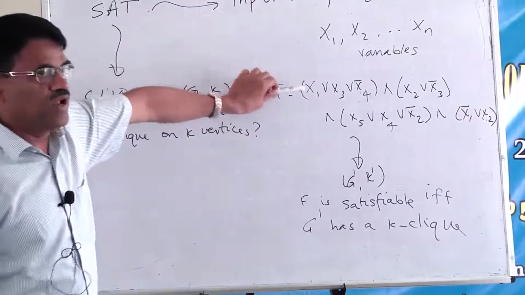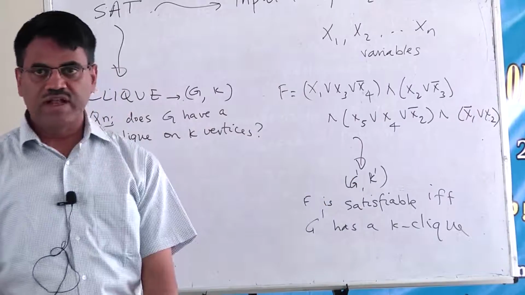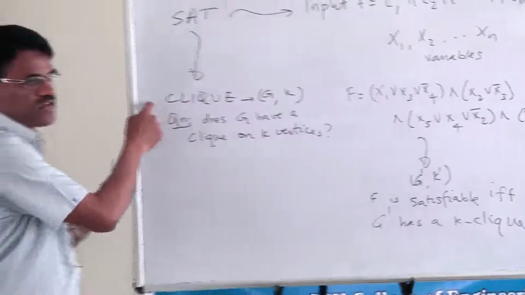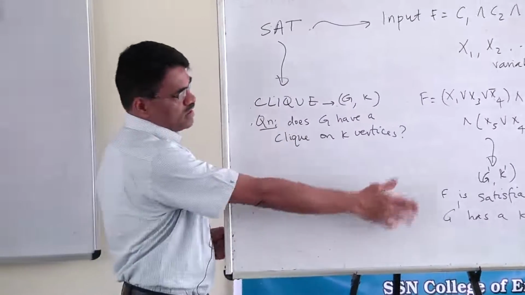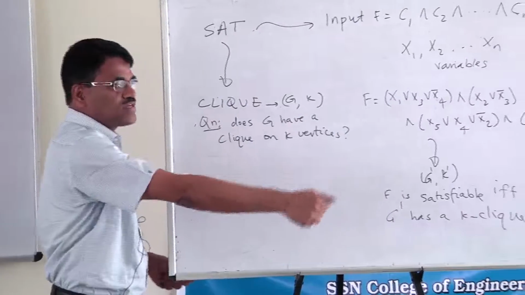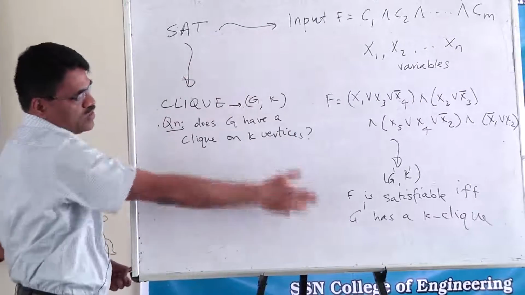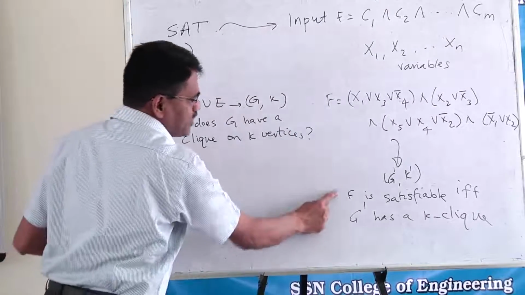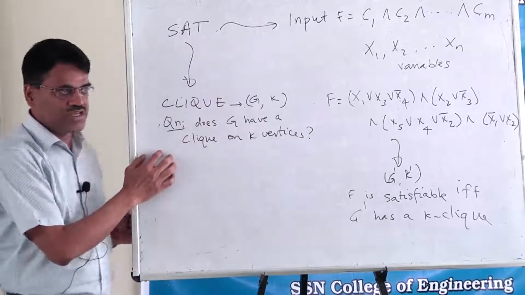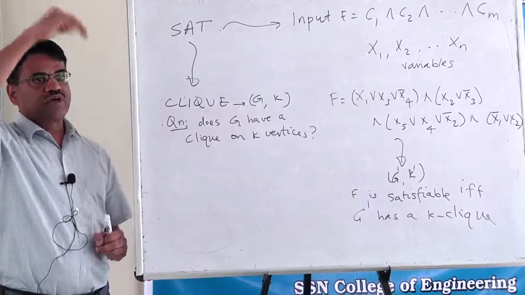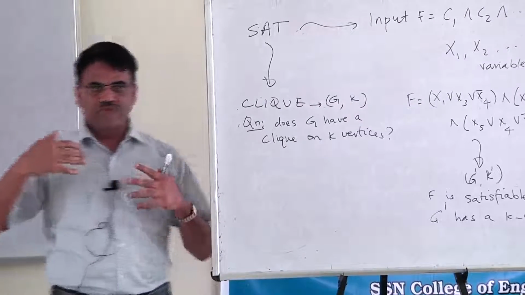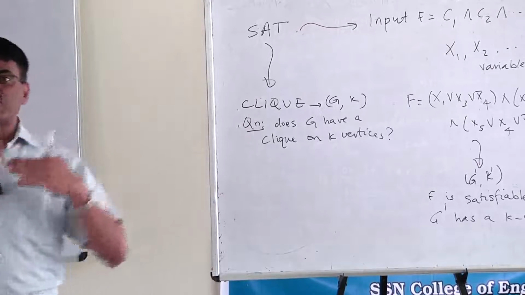Given this formula, you construct this graph and the clique parameter and say, you said you have a subroutine for clique, solve it on this graph and tell me whether there is a k-clique. Based on the answer, I will get the answer for this, because my graph is constructed with this kind of property. If you say yes for your clique question, I will know that F is satisfiable, and otherwise I know F is not. So this is exactly what it means by a reduction from one problem to another.